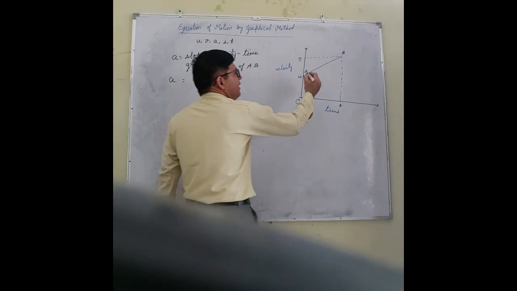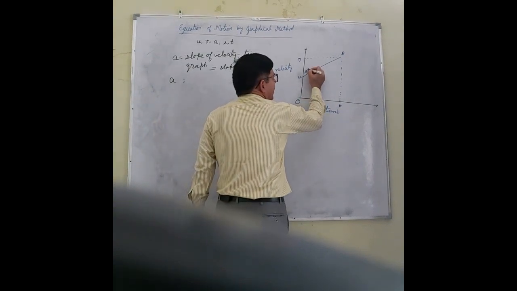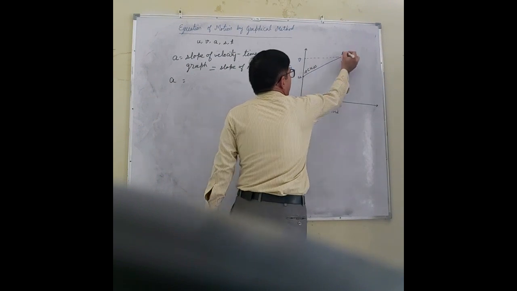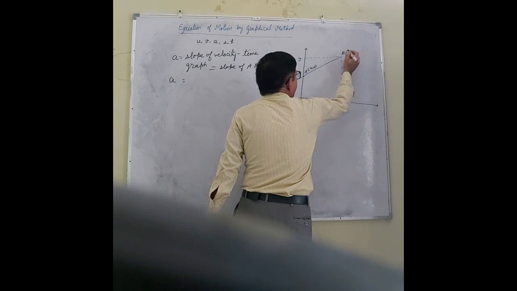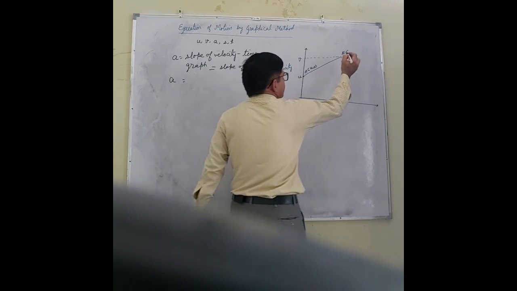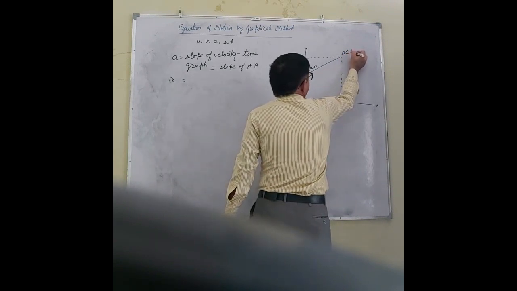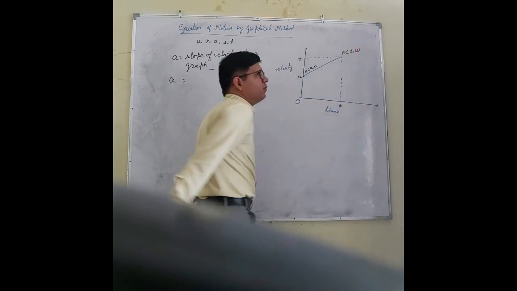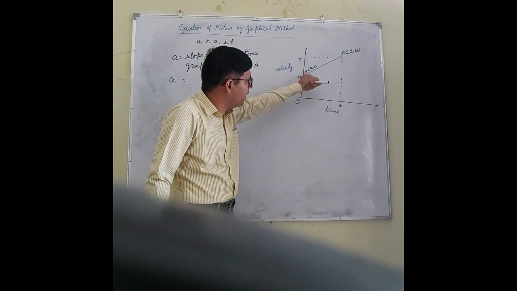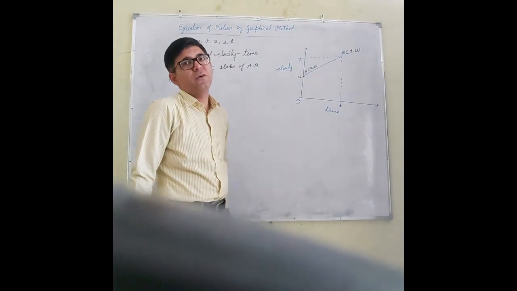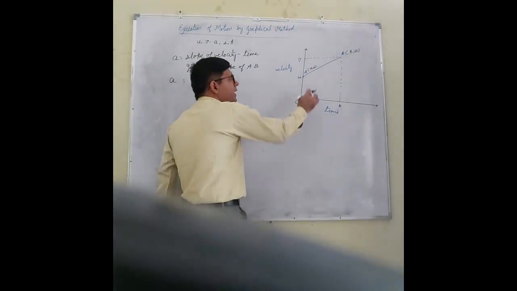If I consider point A, can you tell me its coordinates? u, 0. And what about B? Coordinates of B are t, v. Now I am asking: does A have the correct coordinates? The answer is no. Why incorrect?